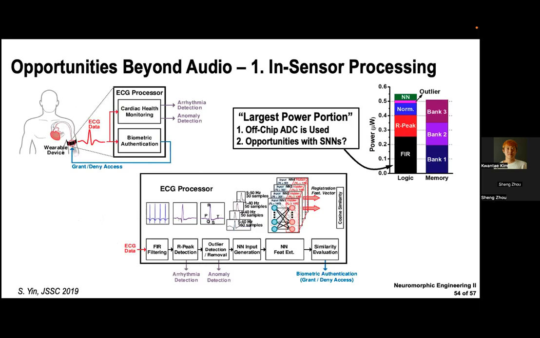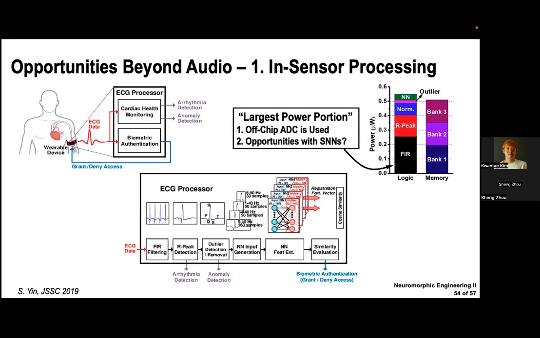Okay, lastly, I'm going to give some examples of the opportunities where our time domain feature extractor can be used in other domains beyond audio applications. This is one example in the in-sensor processing area.